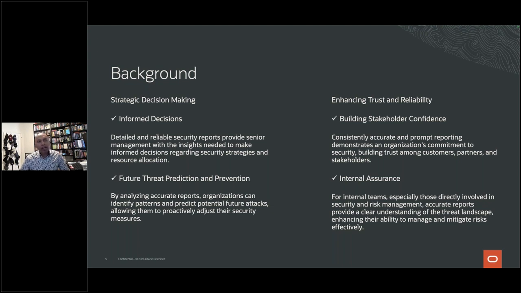And then, of course, you have internal assurance for any internal teams, whether it is a management team, development team, engineering team, sales team, finance team, especially those directly involved in security and risk management. Accurate reports provide a clear understanding of the threat landscape, and this actually enhances their ability to manage and mitigate security risks.